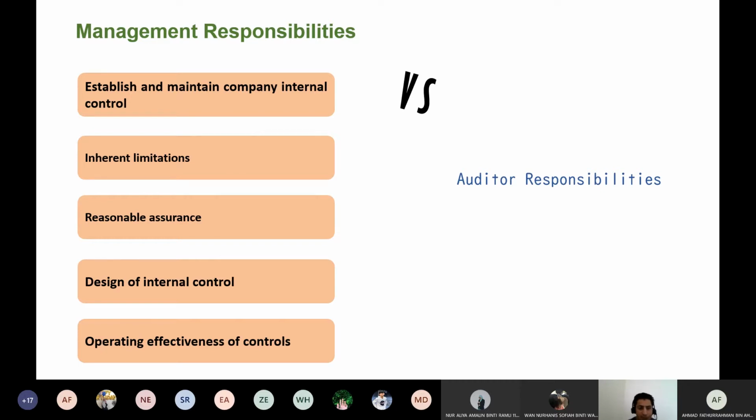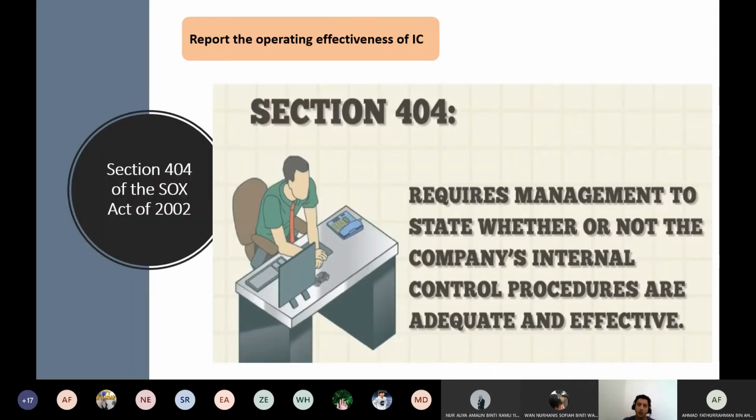So the management has the responsibility to design the internal control based on the inherent risk assessment and reasonable assurance, given the capability and capacity of the company, maybe due to its size or type of industry, and then they need to have it in place. When they have it in place, they need to maintain the internal control procedures, ensuring their effectiveness.